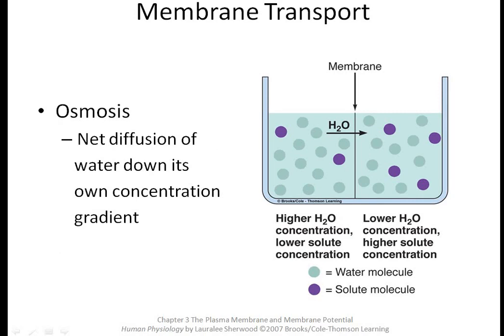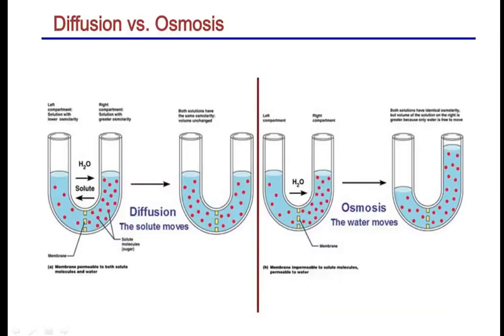And if we talk in terms of the solvent molecules, it is the net diffusion of the water down its own concentration gradient, that is from an area of higher water potential to an area of lower water potential or concentration. But usually when we describe osmosis, we usually give the reference of solute particles.